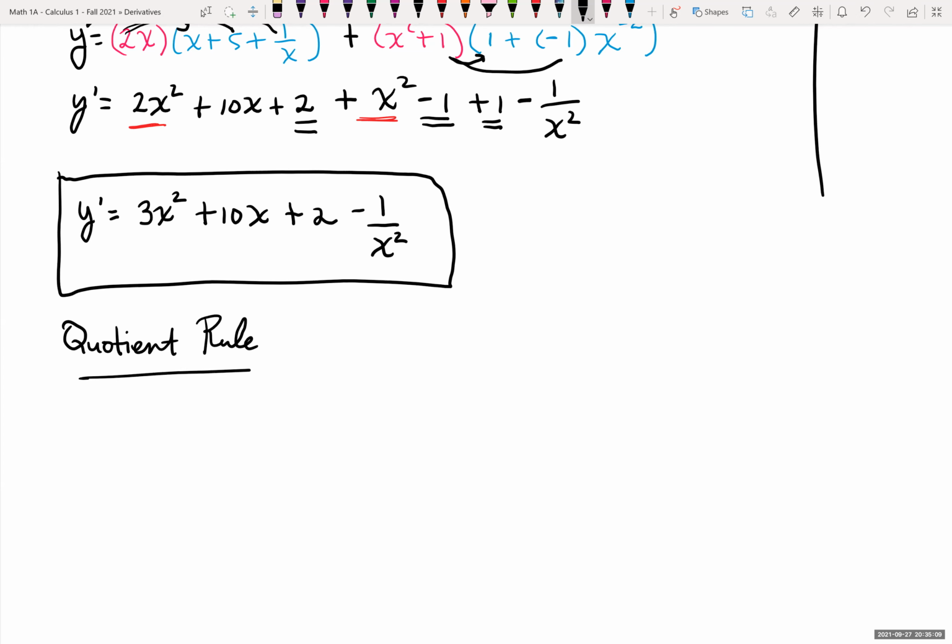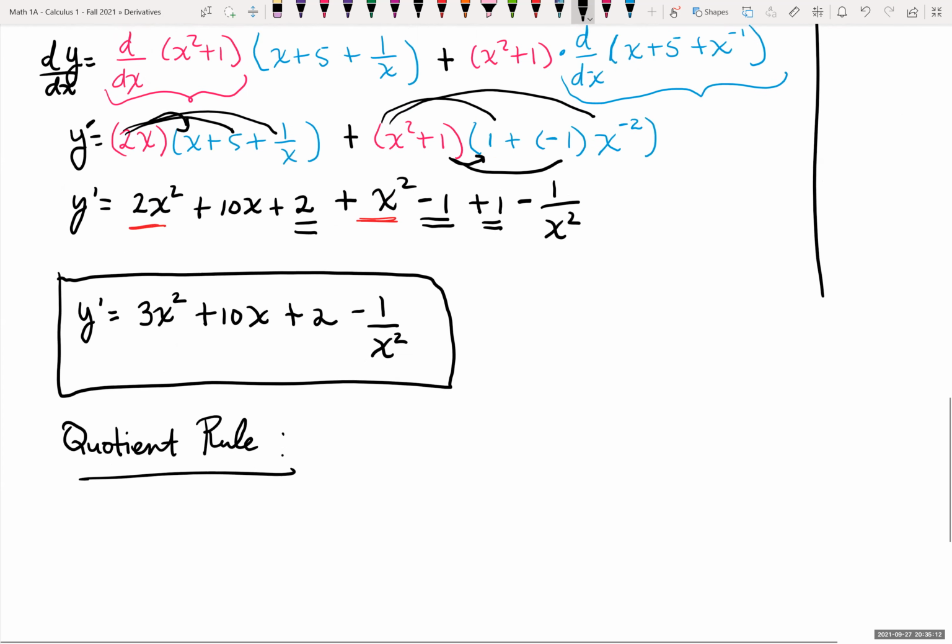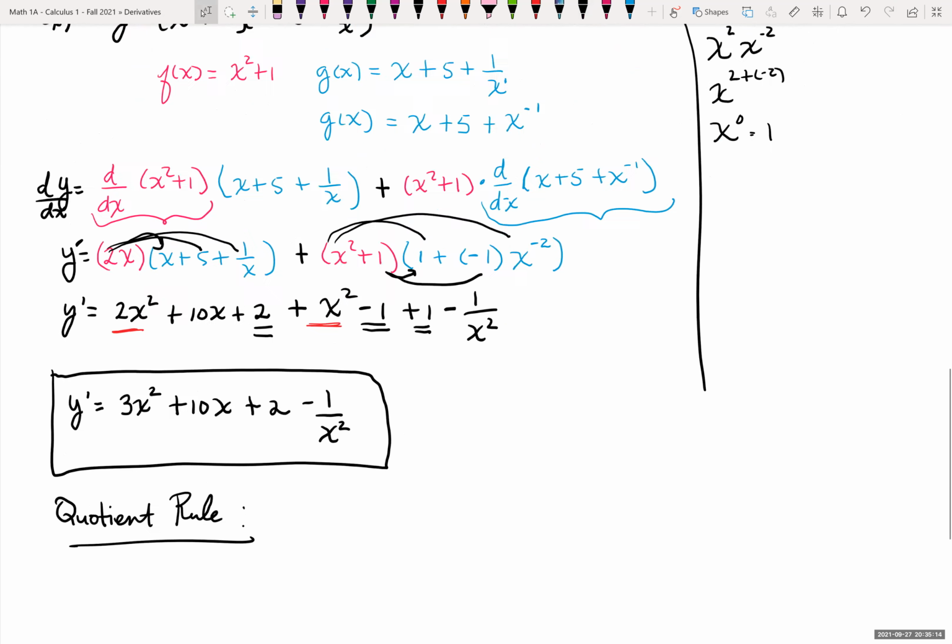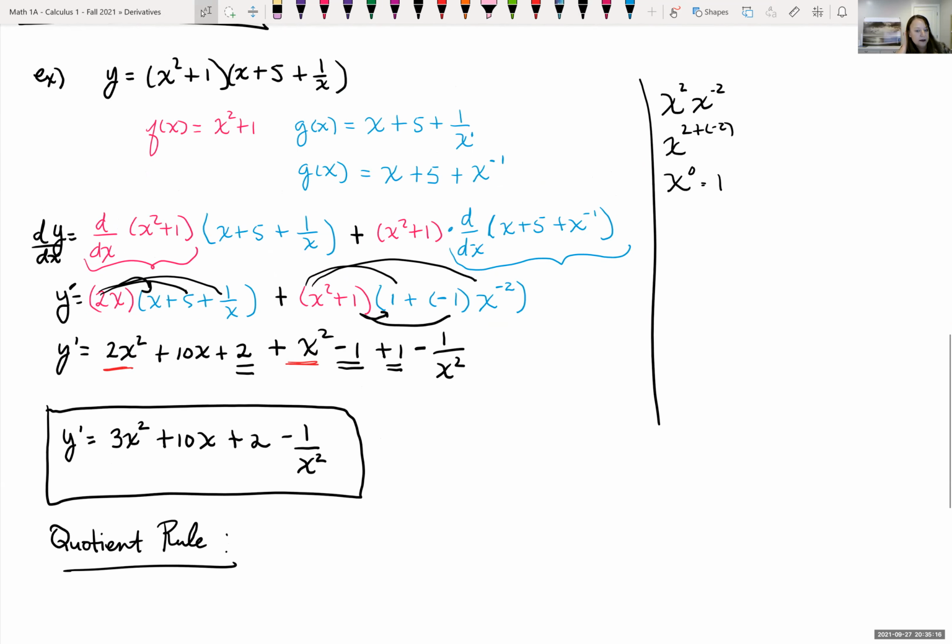Professor, I have a quick question for the one that we did above. In our second step where you said y prime equals 2x times this thing, exactly after this, where did 5 go?